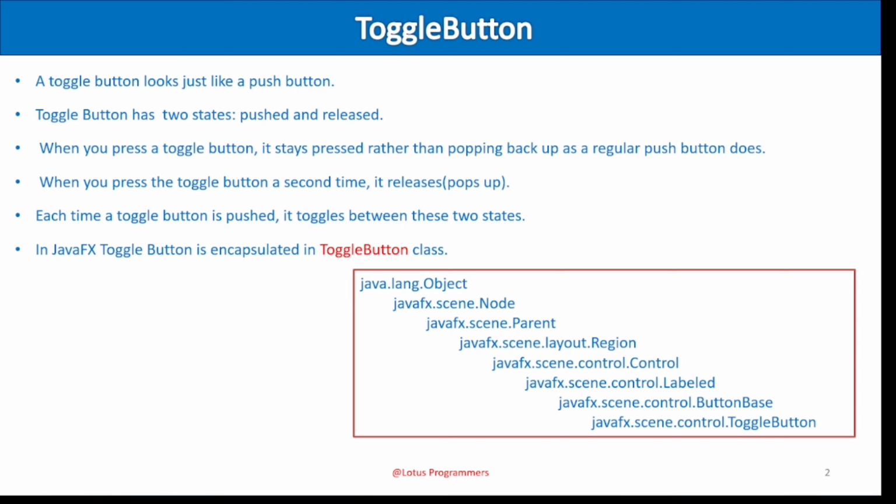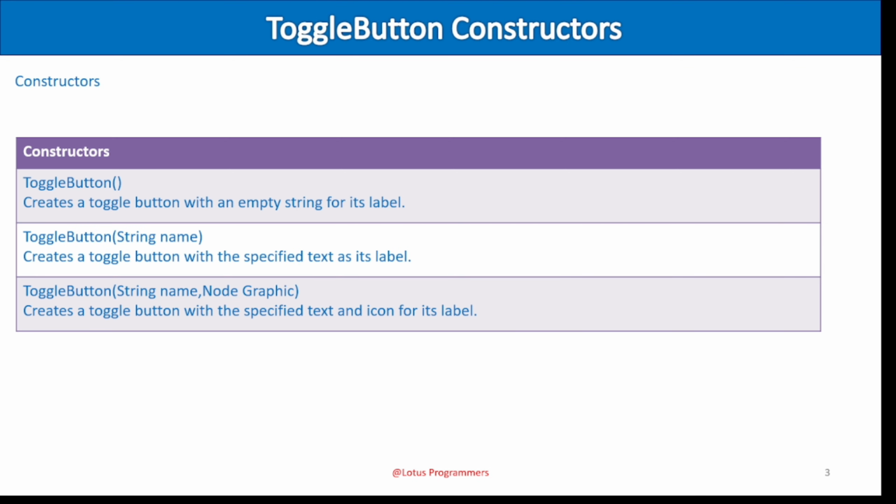Toggle button is defined in the javafx.scene.control package with the name ToggleButton. There are three different constructors defined in the ToggleButton class. The first is a toggle button without arguments, which creates an empty toggle button that doesn't refer to any label, text or image. The second constructor creates the toggle button with a specific name.